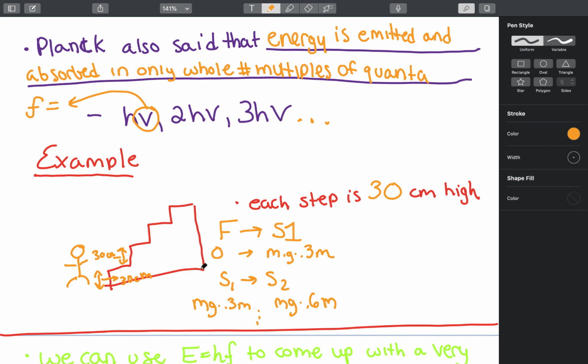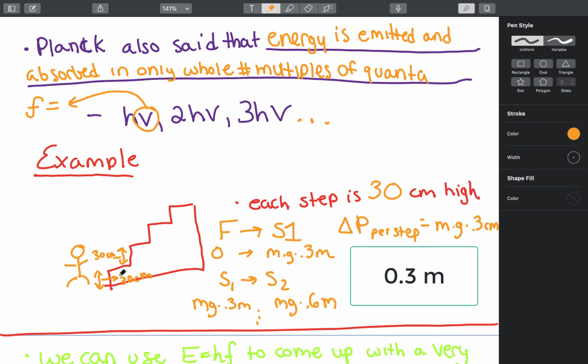So what is this saying? What if I want to go from the floor to step 2? How would I get there? Well, the energy difference between each step, which we'll symbolize as the change in P per step, is equal to m times g times 0.3 meters, because each step is 30 centimeters.